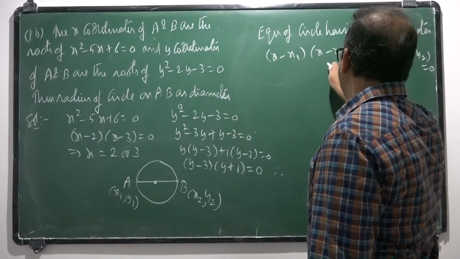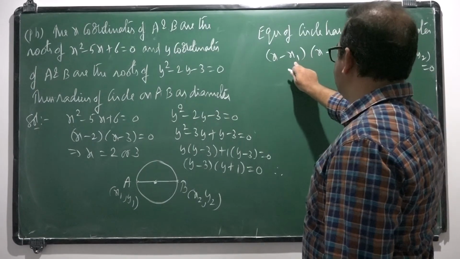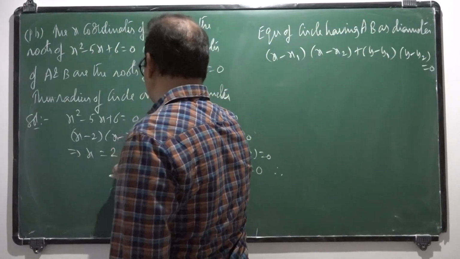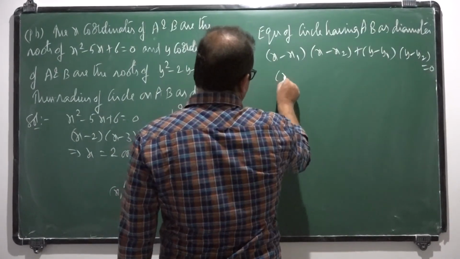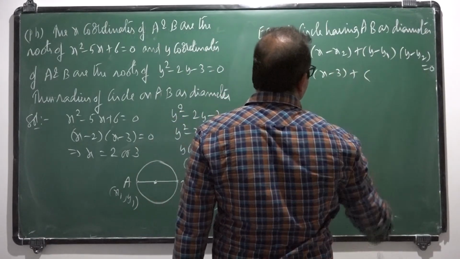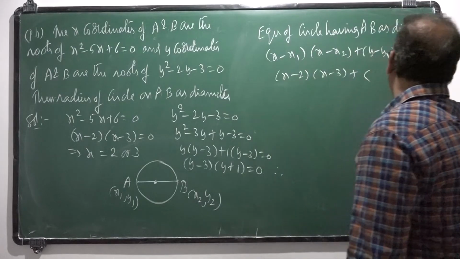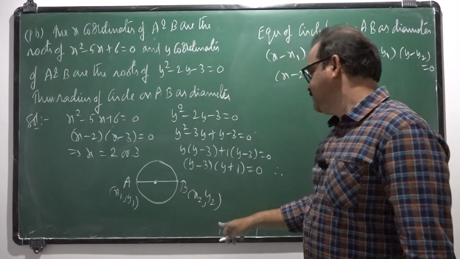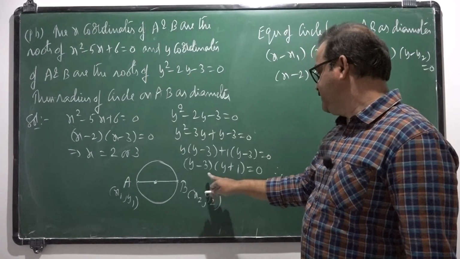What are x1 and x2 values? These are the roots of this equation, x1, x2, 2 and 3. So equation of the circle is (x minus 2) into (x minus 3) plus (y minus y1)(y minus y2). These are the y coordinates of A and B. What are the y coordinates of A and B?